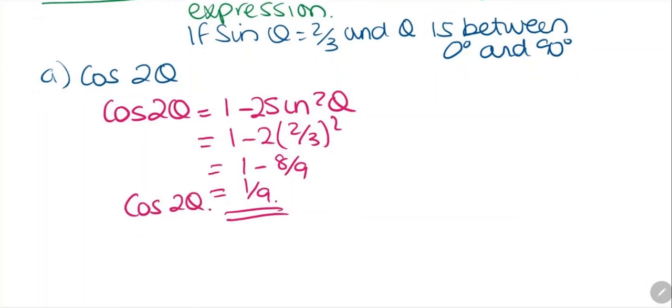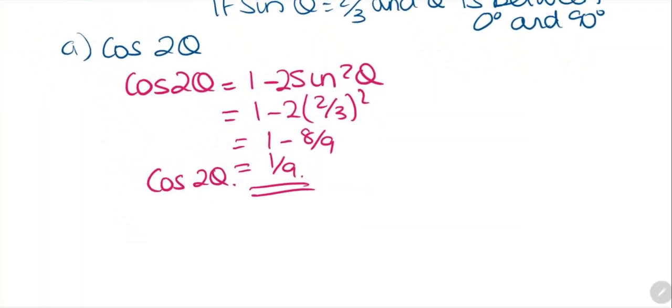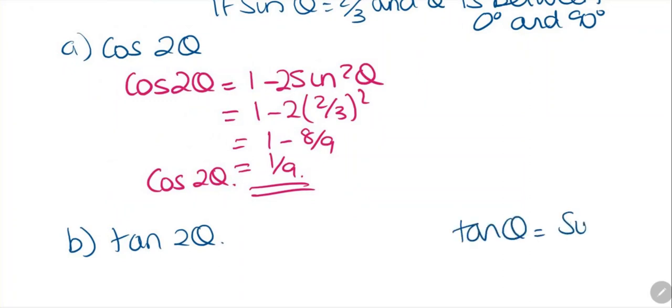Now, the next thing we need to do is find tan theta. To find tan theta, we know that tan theta is sine theta over cosine theta. So we can find tan first, and then we can work out the formula.